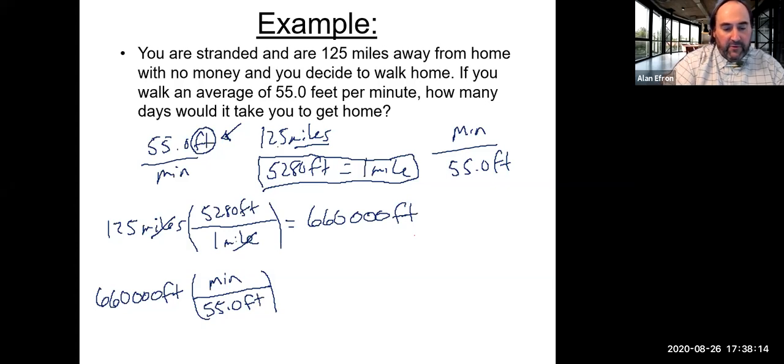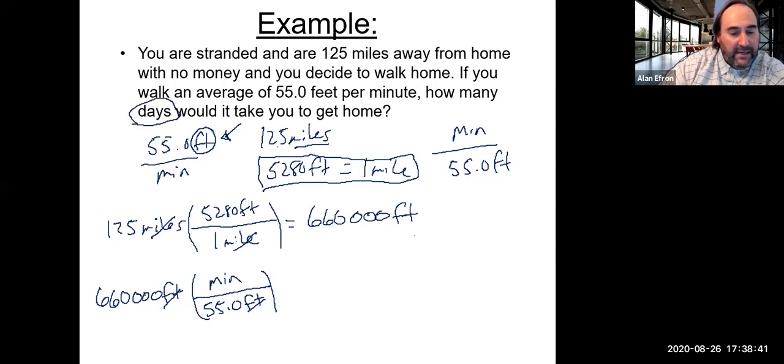And that conversion right there, by using the rate that was given to us, is going to allow us to really go from distance to time, which is ultimately what we're looking for here, right? Because we want to figure out how many days. Here again, the feet are going to cancel. If I stop right at this moment, I am in units of minutes, which is close to what I want, but I do want to know days.